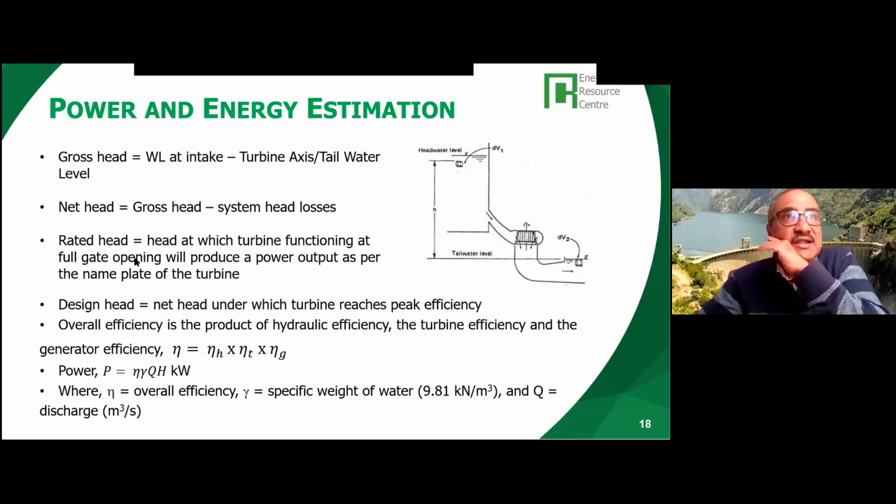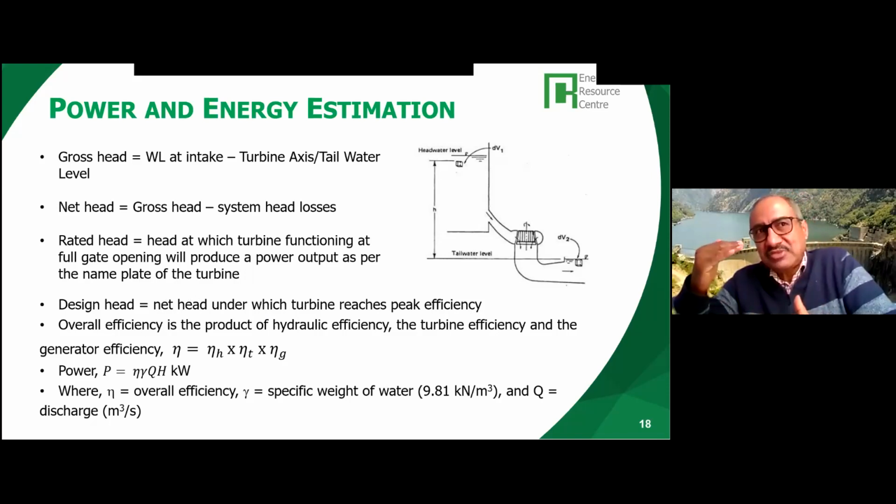Now, rated head is the head at which the turbine functioning at full gate opening will produce a power output as per the name of the turbine. This is the rated head. Design head is the net head under which the turbine reaches peak efficiency.